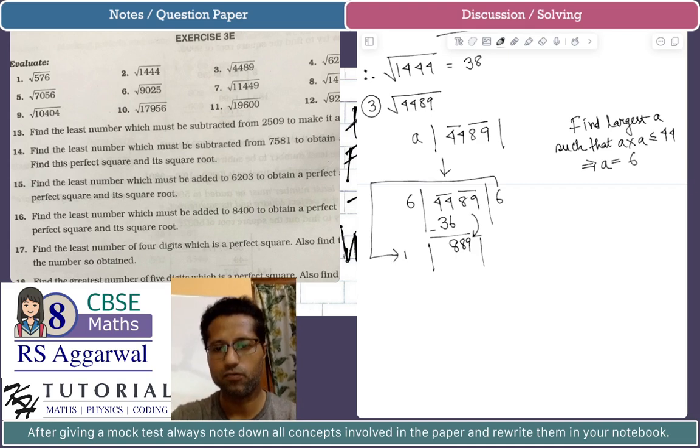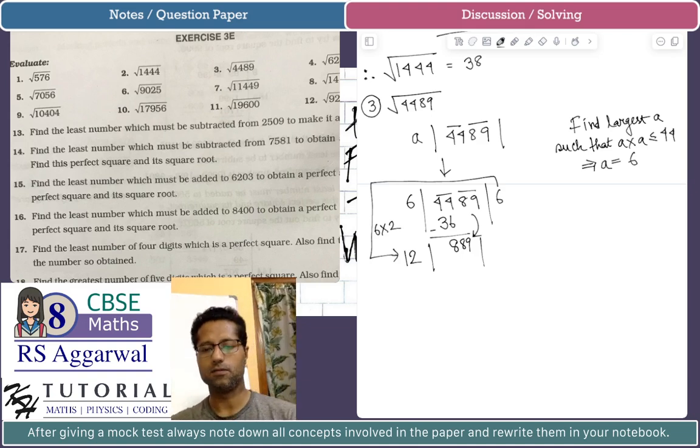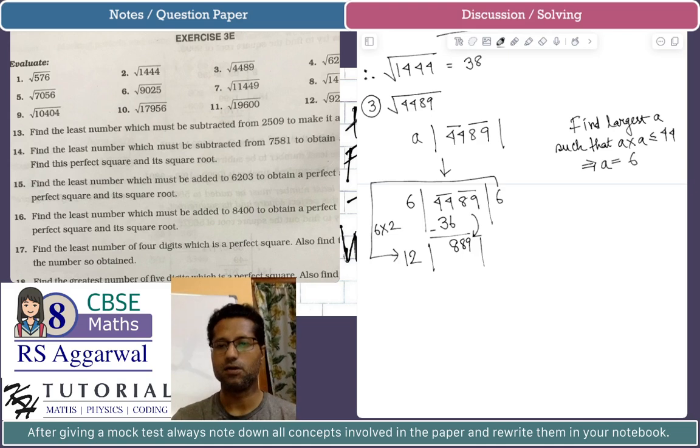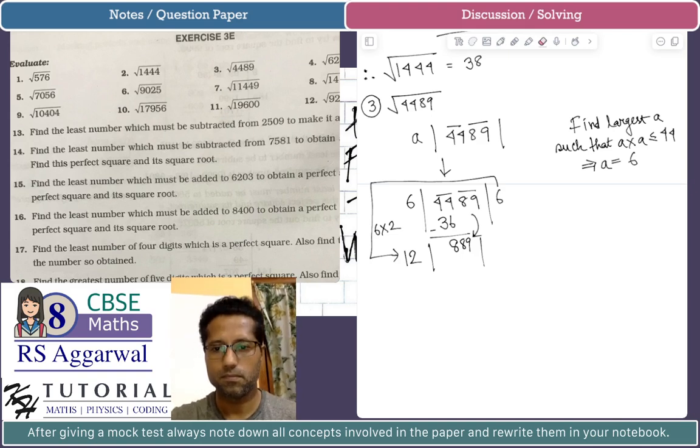The current quotient was 6, we multiplied it by 2, and we got the partial divisor as 12.